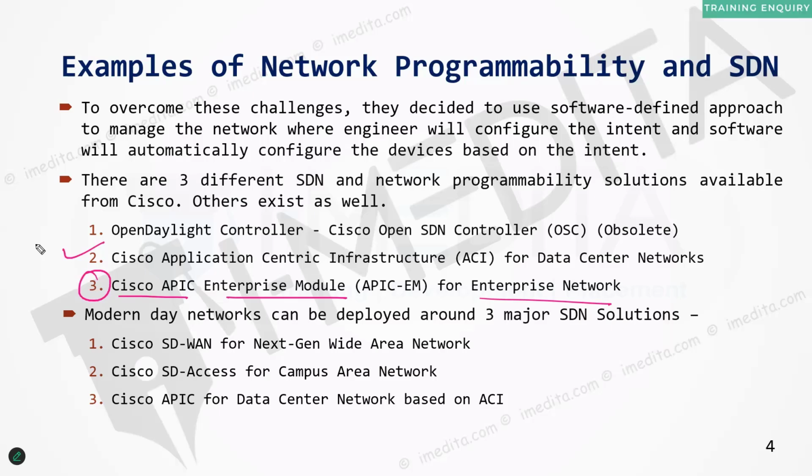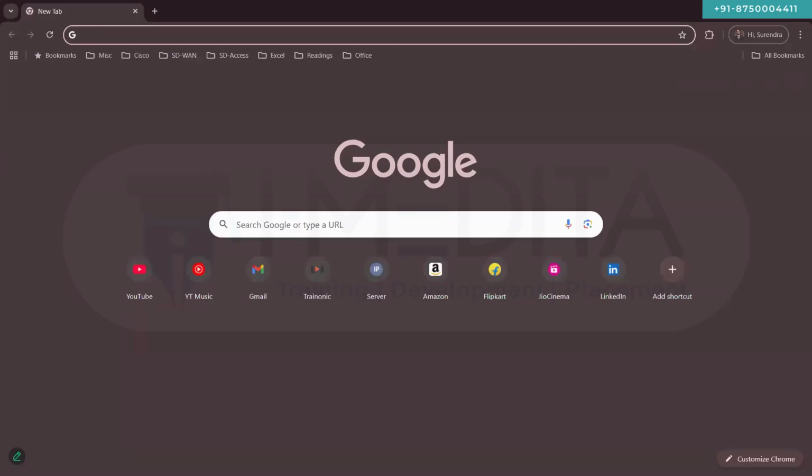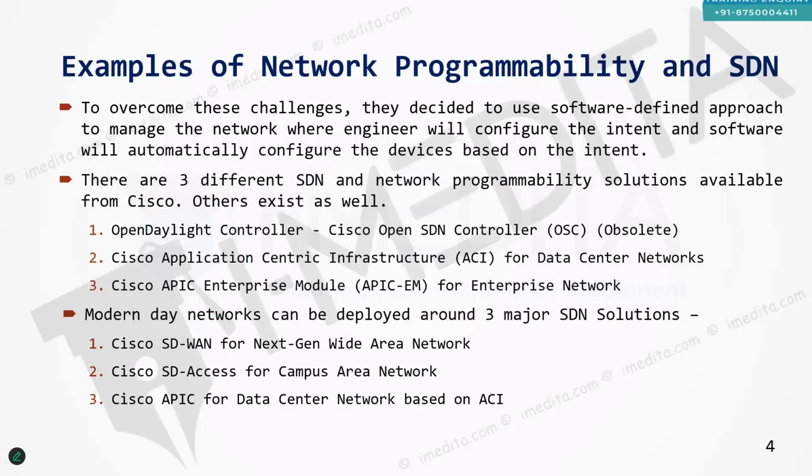Meanwhile, other controllers were there as well. For the enterprise network, especially when we have to manage the wireless and wired infrastructure, they had another controller referred to as Prime Infrastructure. I'm pretty sure you might be familiar with it if your company is using it.